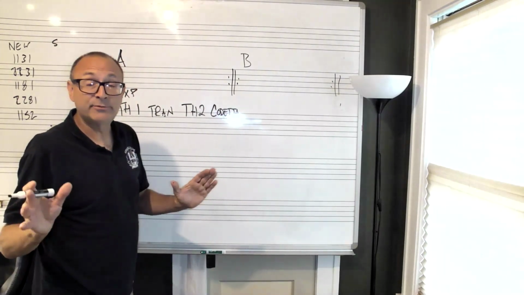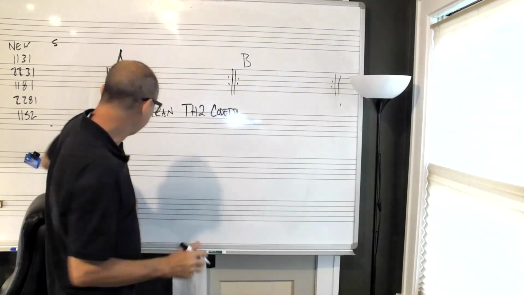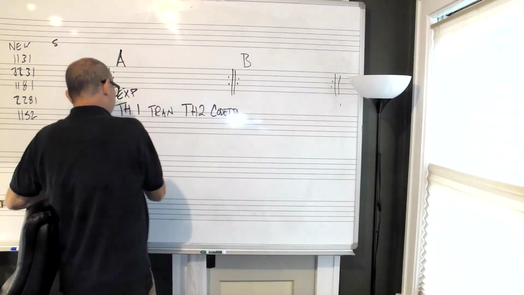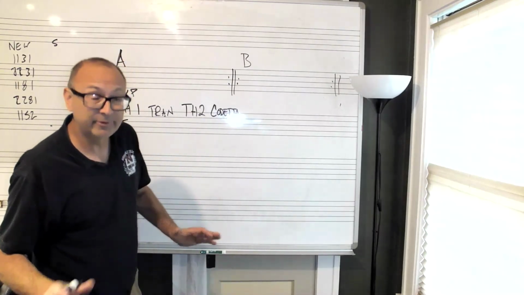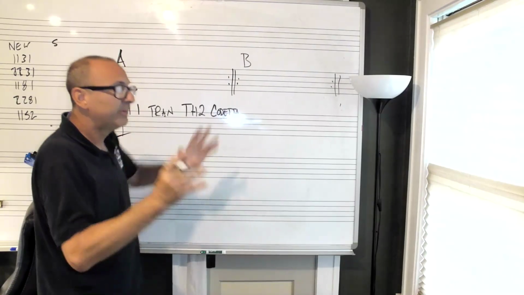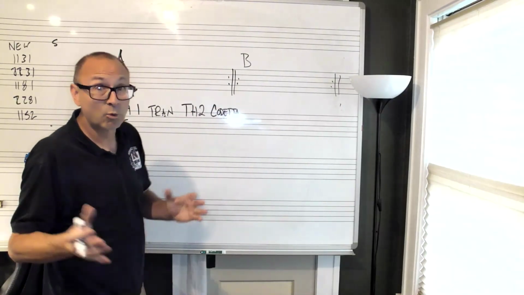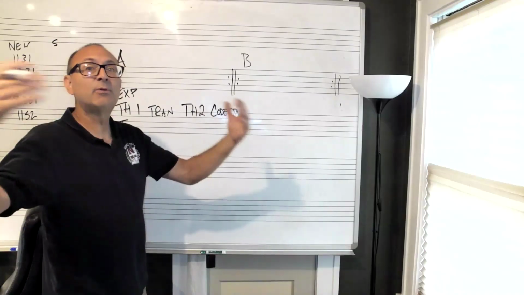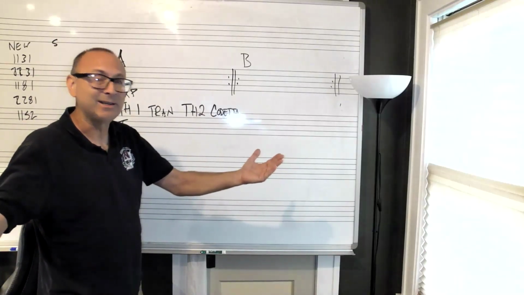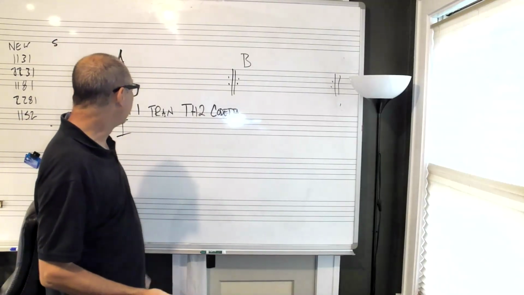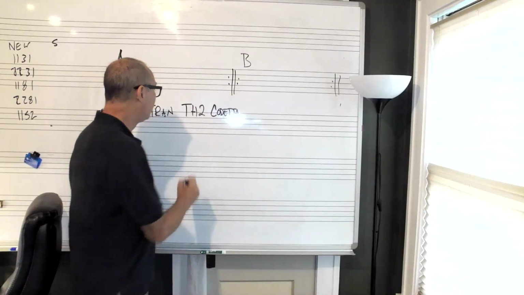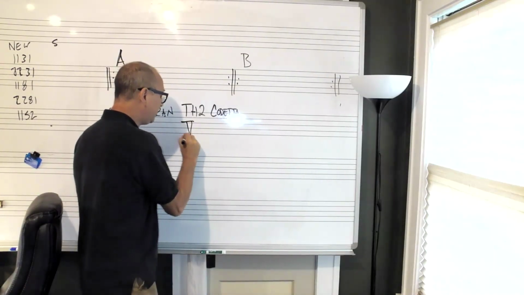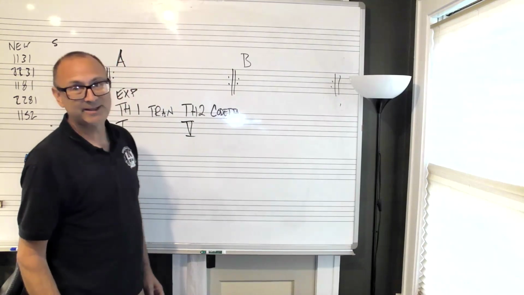Now, to show that you have super strength, you're going to put some Roman numerals down to represent keys. Theory teachers love this. When students understand that Roman numerals can represent a chord in a diatonic sense, but also can represent a bigger picture, a key. So the first theme in the exposition is going to be in the tonic key. The second theme in the exposition is going to be in the dominant key.